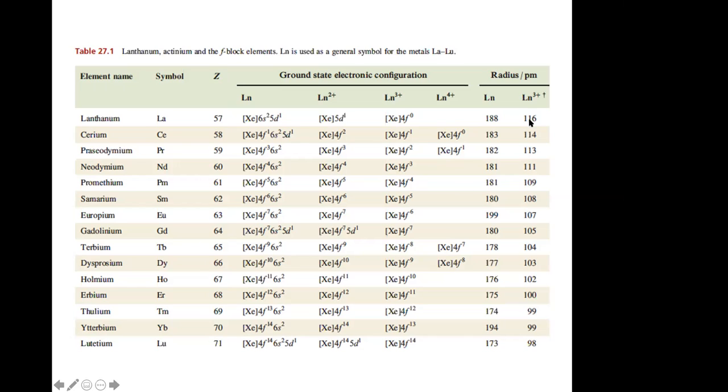And the other thing to point out is that if we look at the radii here, either for the atoms, but more obviously for the 3+ ions, where it's just f valence electrons, you can see this steady progression of decreasing radii for the lanthanides. And that's the usual trend that we see in moving from left to right across a row in the periodic table.